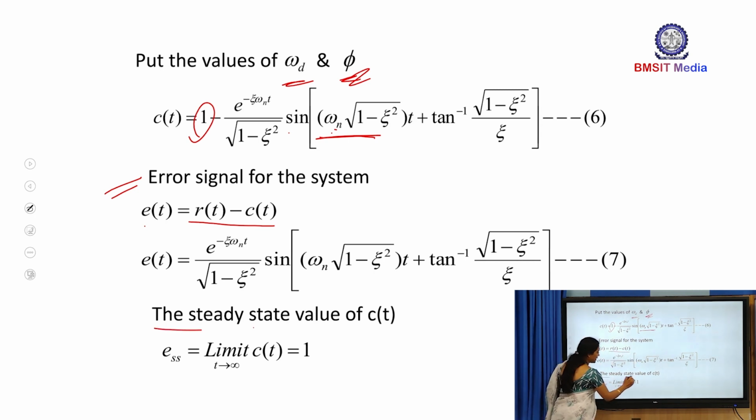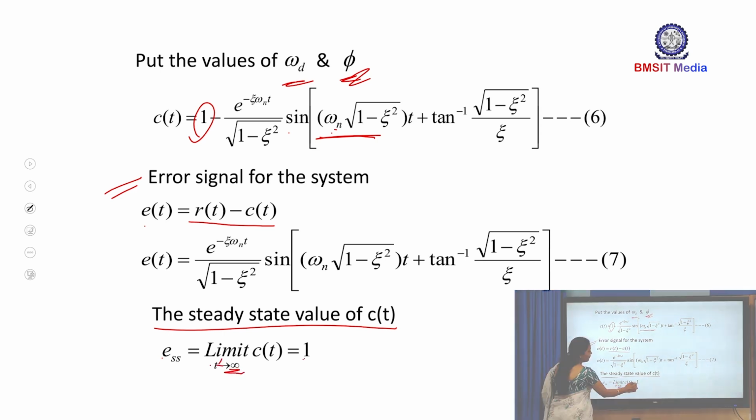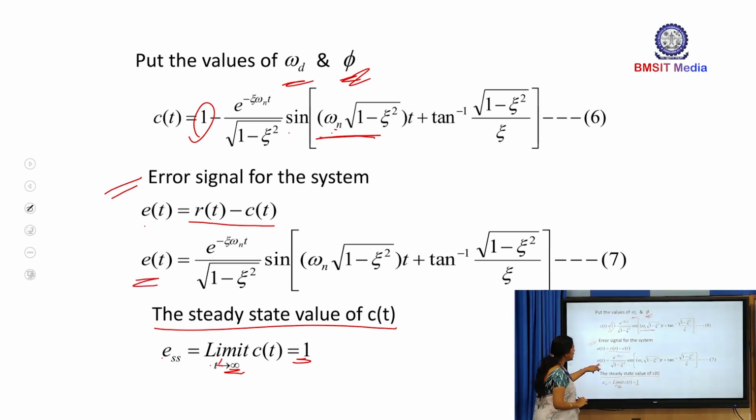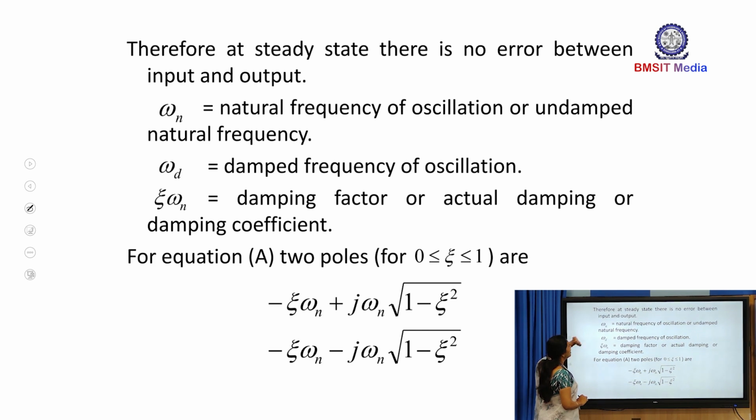Now the steady state value, e of ss, when t tends to infinity, I will be getting the error to be equivalent to 1. Therefore this is the function with respect to e of t that I will be getting if I consider the signal to be a unit ramp signal. Therefore the steady state says that there is no error between your input as well as output.